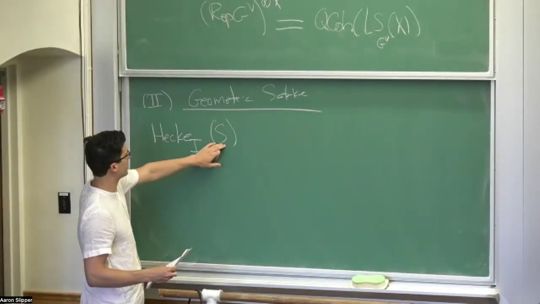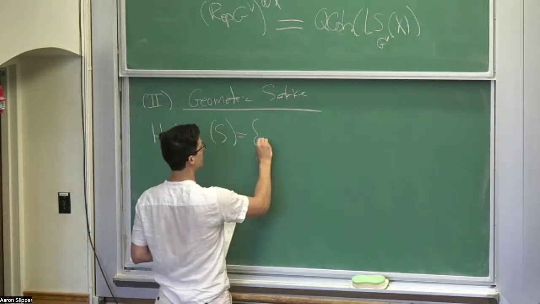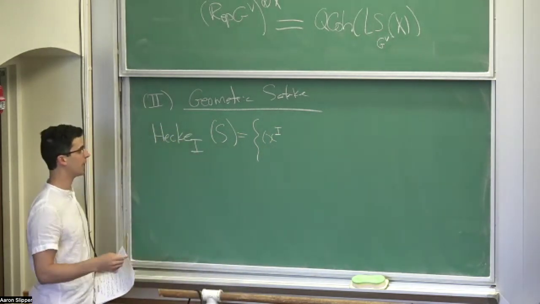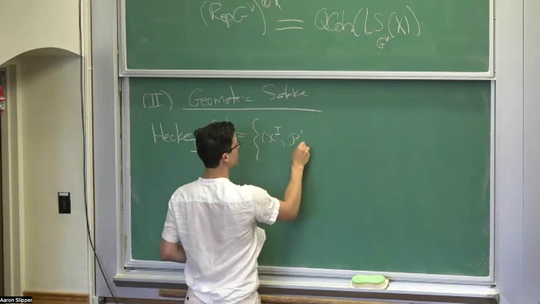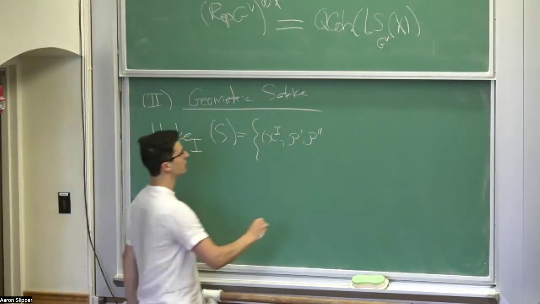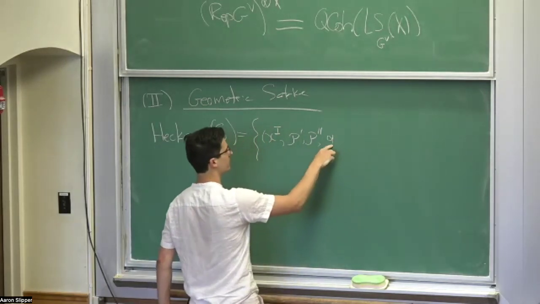On a test affine scheme S, it outputs all Hecke data. So there's an I-tuple of points on X, a pair of G bundles on X, and an identification of these bundles generically.